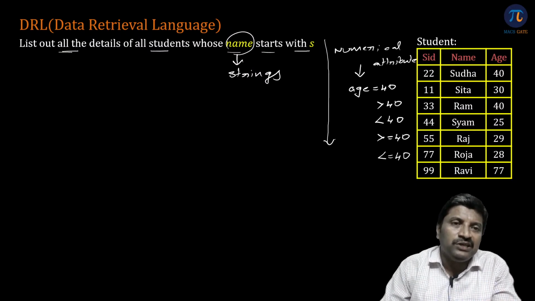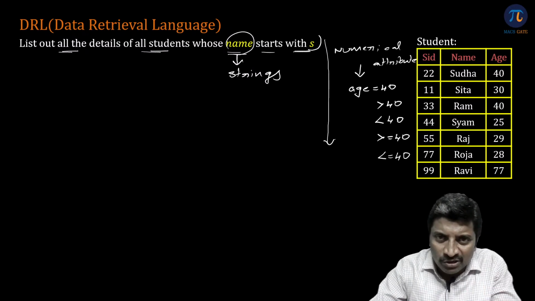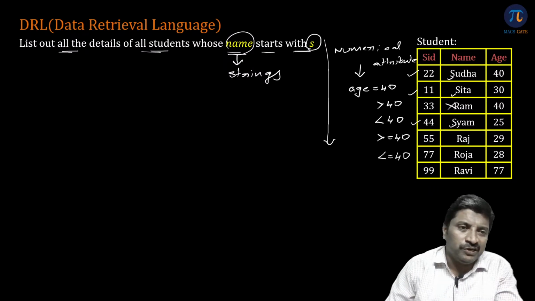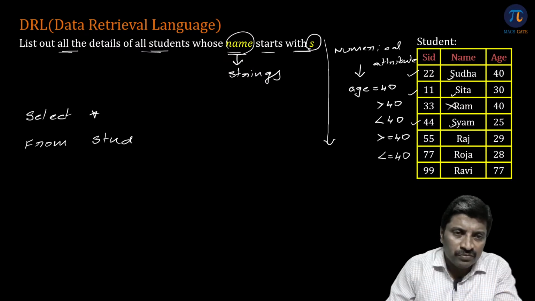List out all the details of all the students whose name starts with S. So I don't know anything about names, but the first letter is S. That's it. So I need 22, 11, Shyam. How to write it? Select, you need all the details, yes, from student.